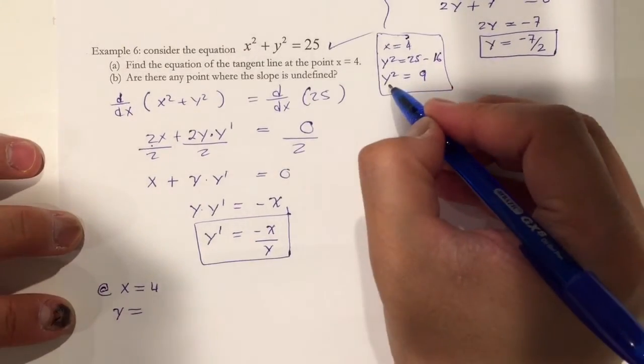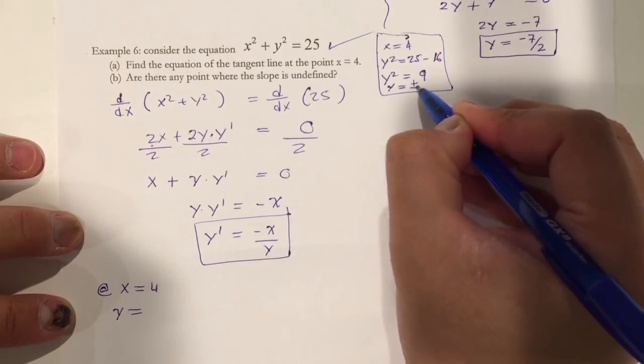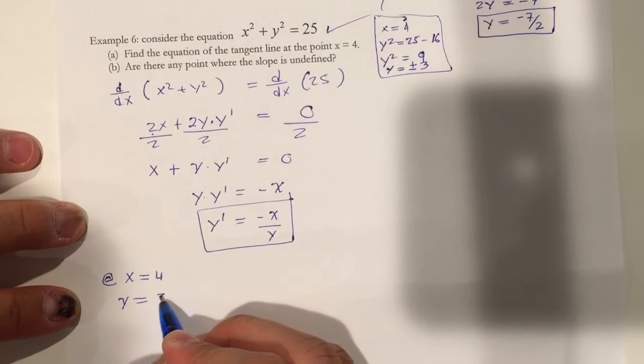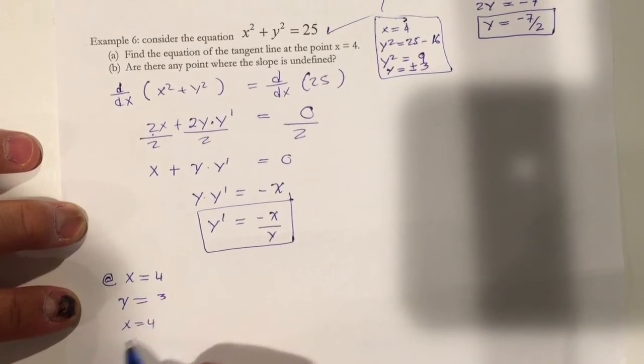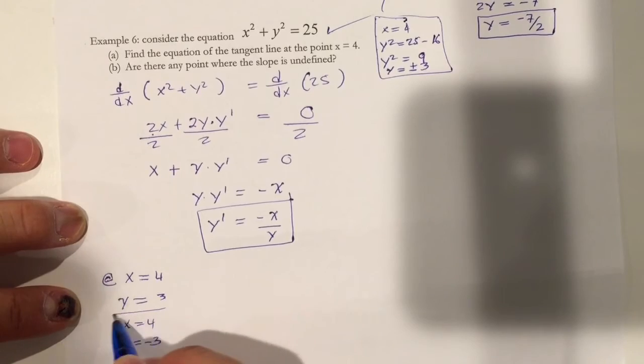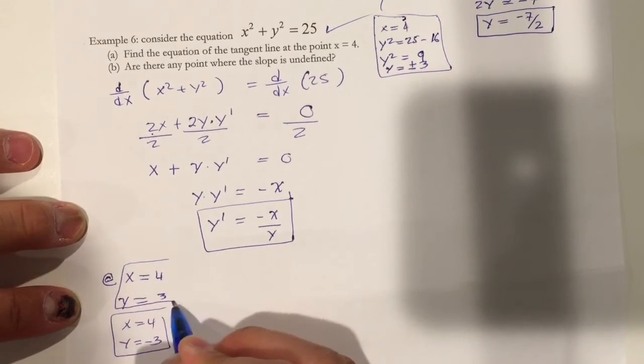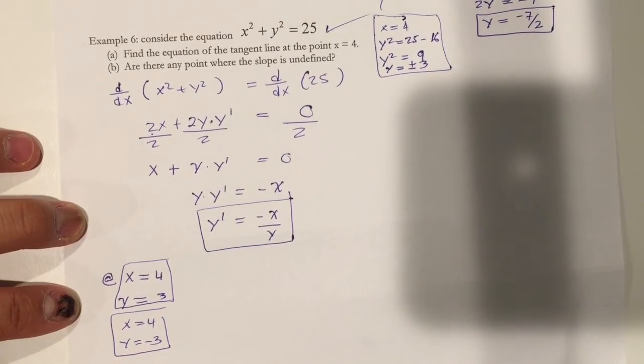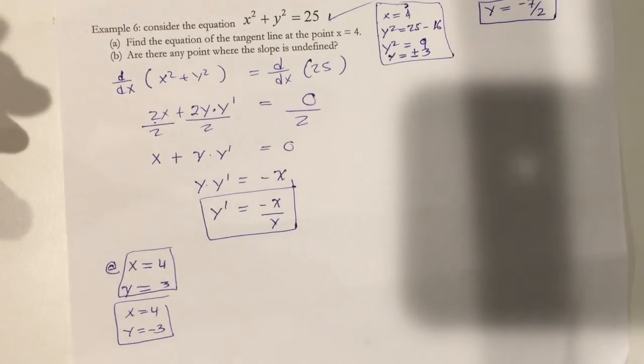Okay, and that means that y could either be 3 or negative 3. So I got two possibilities. Y could be 3 or y could be negative 3. So at x equals 4, I got two points that I'm working with.